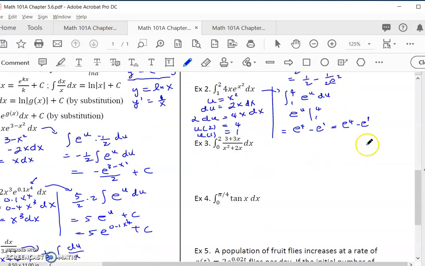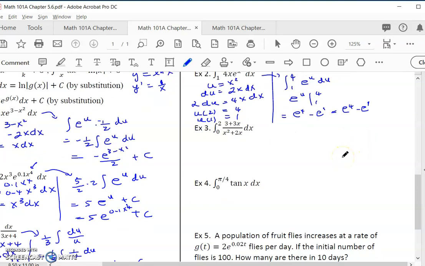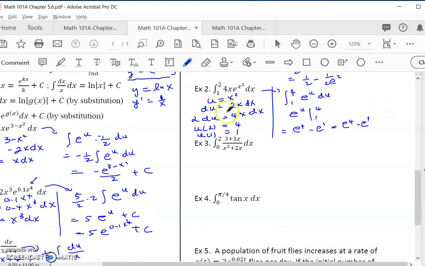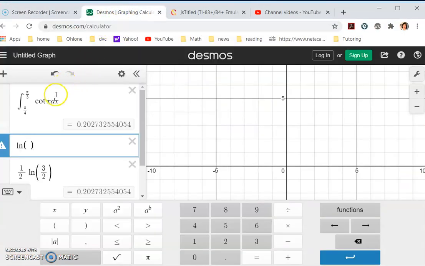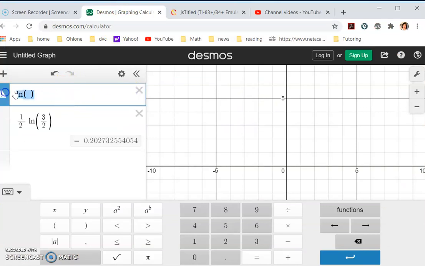And the next one would be... so now this kind of thing, if you do it in decimal, they might not give you the exact answer. We can try the integral of 4x e to the x squared dx from 1 to 2 on the calculator. You would see why you still need to learn how to do this.